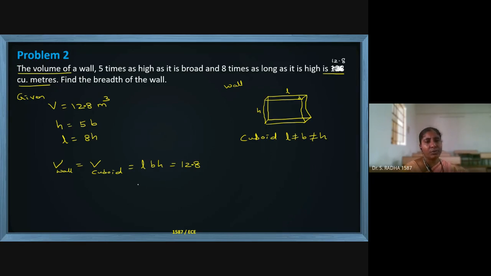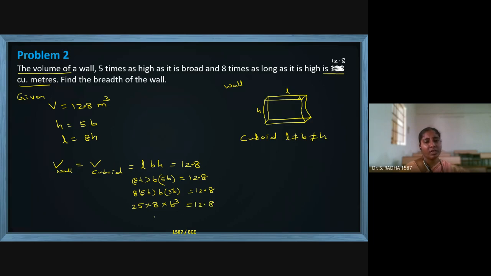Next, I know the relation between L and H. So I am writing L as 8H, retaining B as it is, and for H, I will write 5B. It is 12.8. Next, in the place of H again, I will write 5B, and then B is there. 12.8. If you see the left side, 25 into 8 into B cube, which is 12.8.